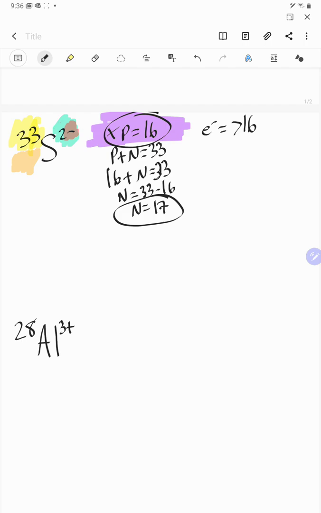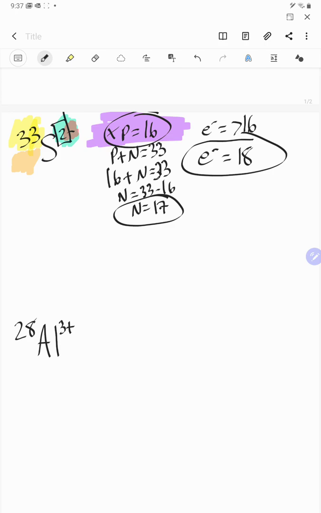We said it's negative, but let's see what number we have here. There's a 2 there. That tells us that there are specifically 2 more negative charges than positive charges. And if there are 16 protons and 2 more negative charges than positive charges, that means there are 2 more electrons than protons, and therefore the number of electrons is 2 more than 16, so it is 18. And that's how we calculate it every time there's a negatively charged ion.